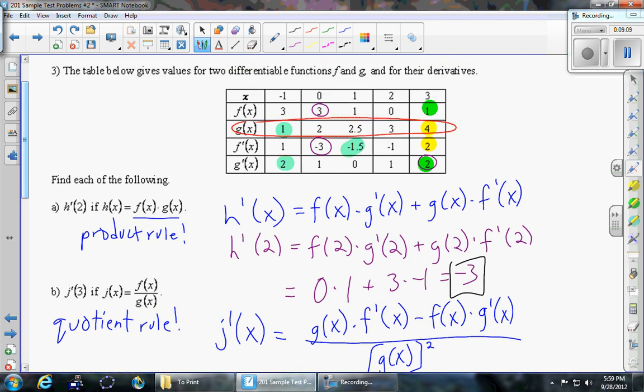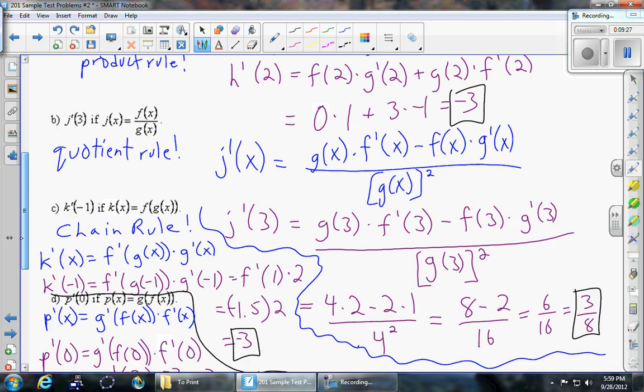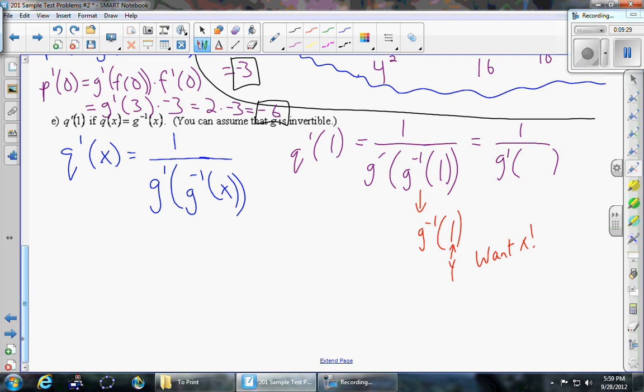We're looking for the output to be 1, that's a y value, and then the question is what input did it come from? So miraculously, the number 1 happens to be in this list. If it wasn't, then we couldn't answer this question. So the y value was 1. Where did it come from? It came from an x value of -1. So g inverse of 1 turned out to be -1 from the table.